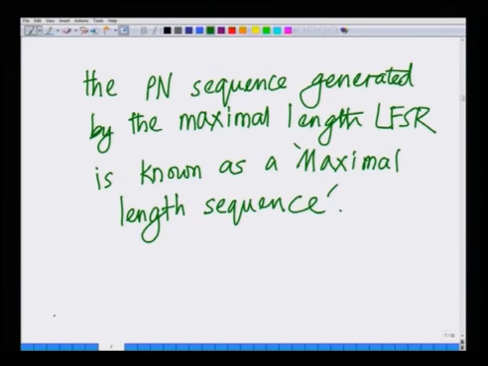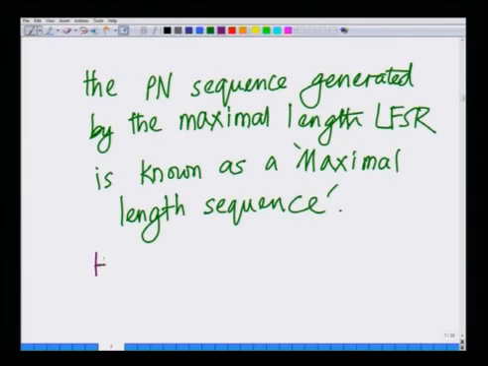Now, as we have seen, it visits all states except the all 0 state, hence the number of states is 2 power d minus 1, hence the length of the sequence is also 2 power d minus 1.